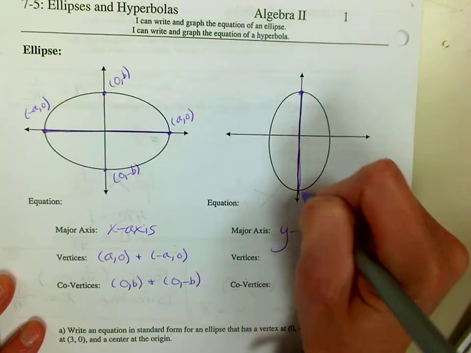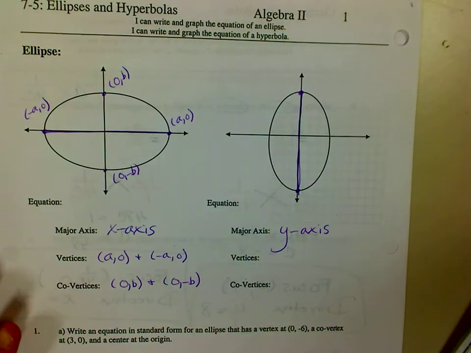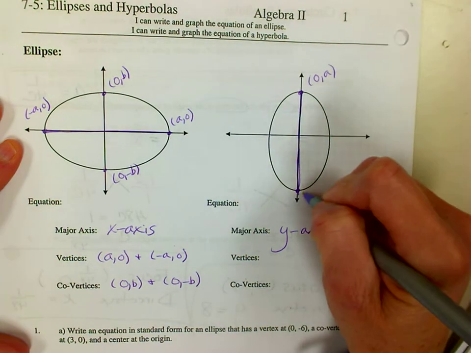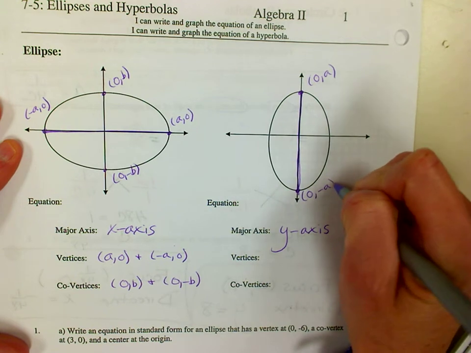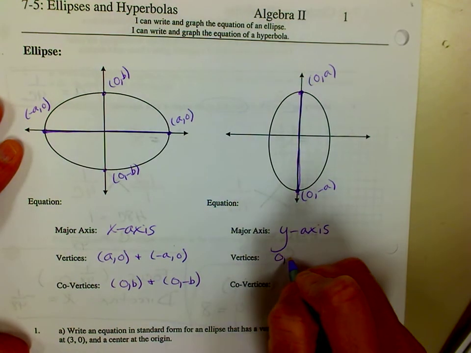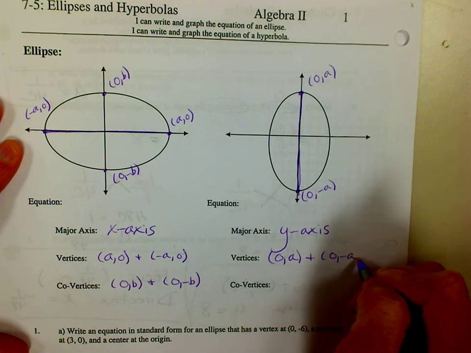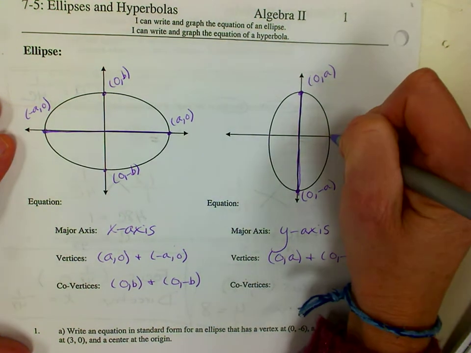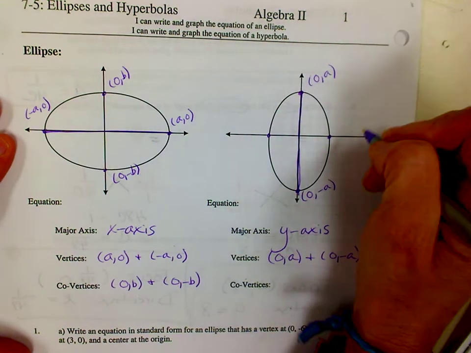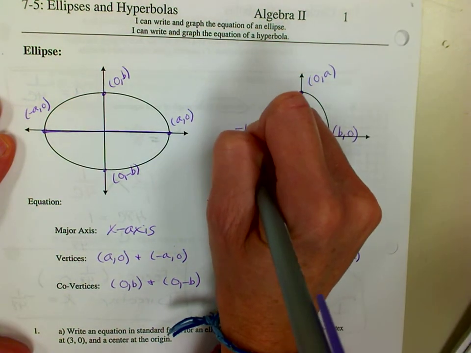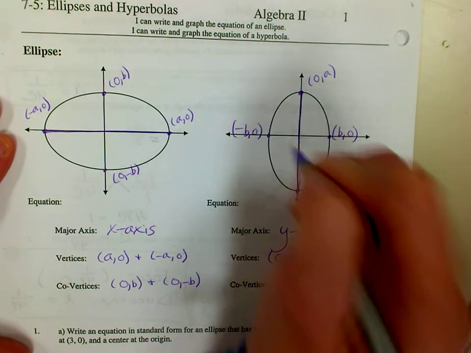So the vertices would be on those, which we call A. So (0, A), (0, negative A). And the covertices would be on the other axis, which in this case would be (B, 0) and (negative B, 0).